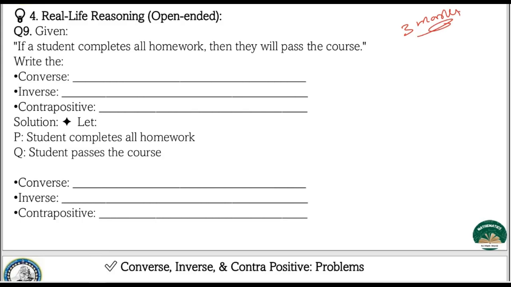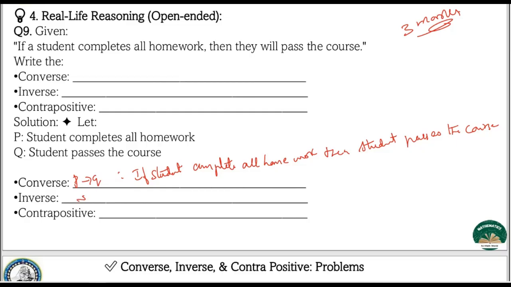First one is P implies Q: if the student completes all homework, then the student passes the course.